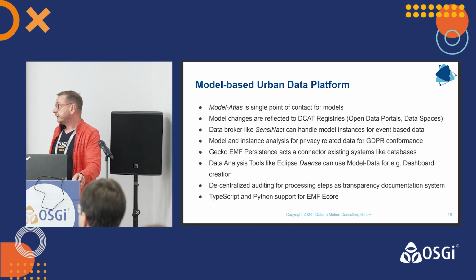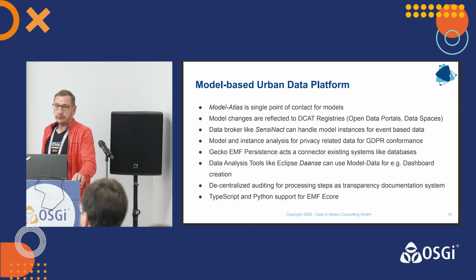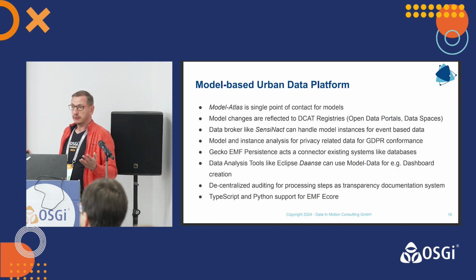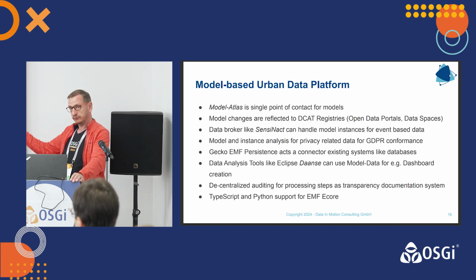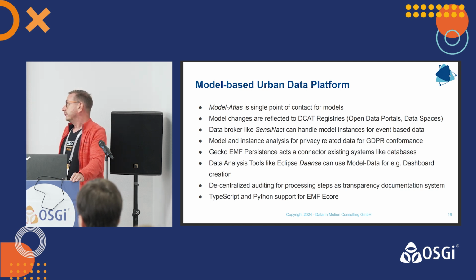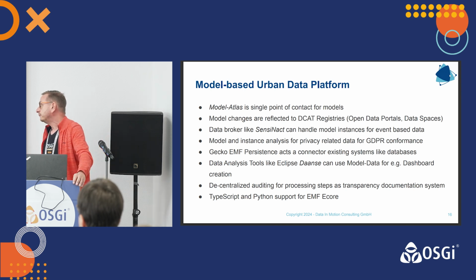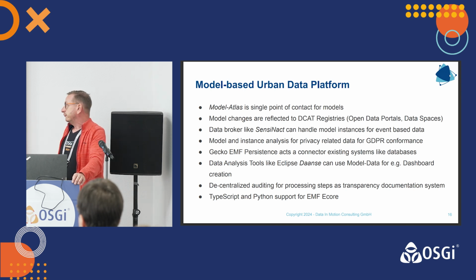Yeah, in addition to that, in an urban data platform, you need event-based information. You need a data broker like Sensinect. It should also use the models and contact the model atlas. I described it before. And you also need some systems that can analyze your information, to go through all the systems, and also to verify your models.